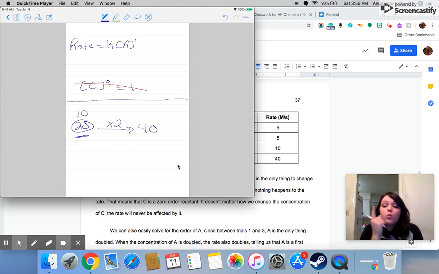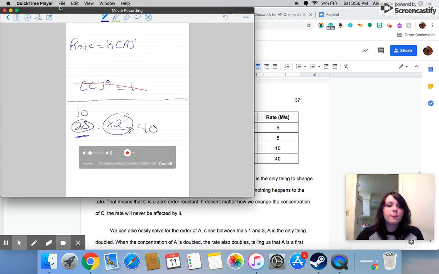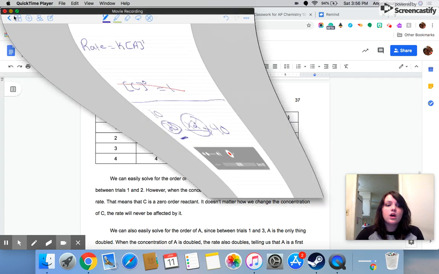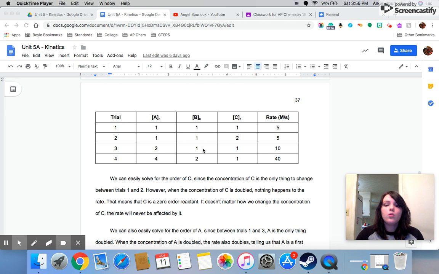Well, we know that one of those doubles is because of A. A was doubled, so the rate doubled. So the extra double had to come from B. So our rate was doubled because of B when the concentration was doubled.